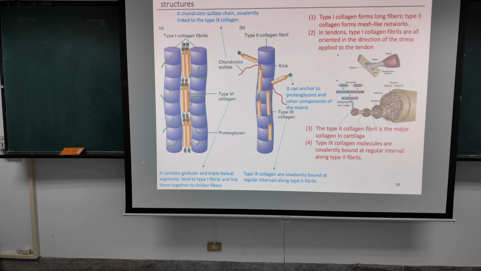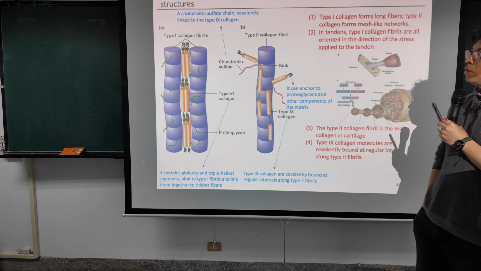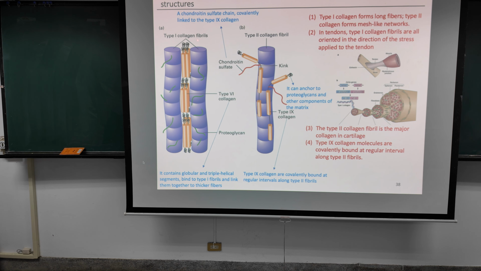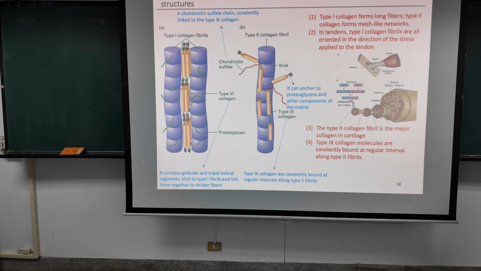And there are two different kinds of collagen. Type 1 collagen usually forms the fibrillar type, and it will form the long fiber. And type 2 collagen, as you can see here, will usually form the mesh fiber network. Why?